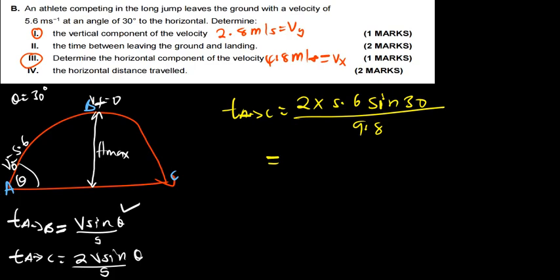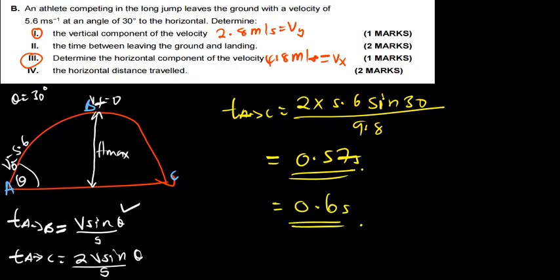The answer I find, I need to do times 2 because there is 2 outside here. So I'm getting 0.57. In simple terms, we can say that this is the same as 0.6 seconds. Now, that is the time. So the time is 0.6.